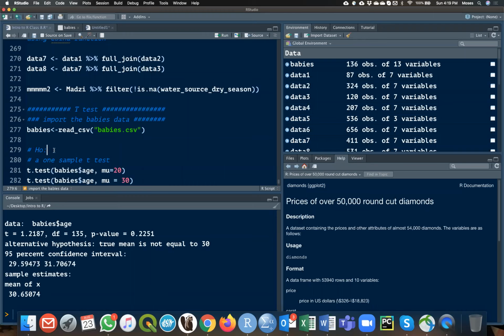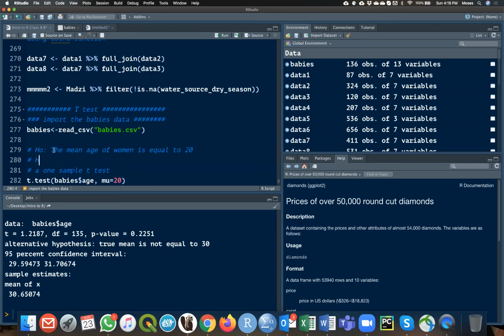So H0, the mean age of women is equal to 20, like in the first place.